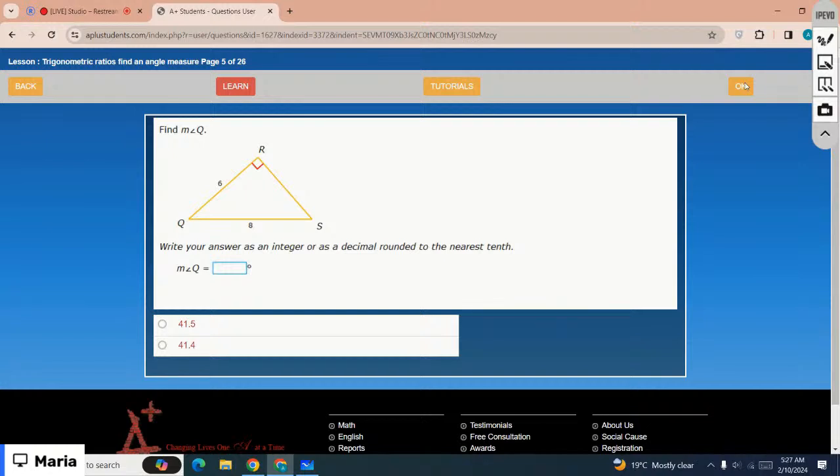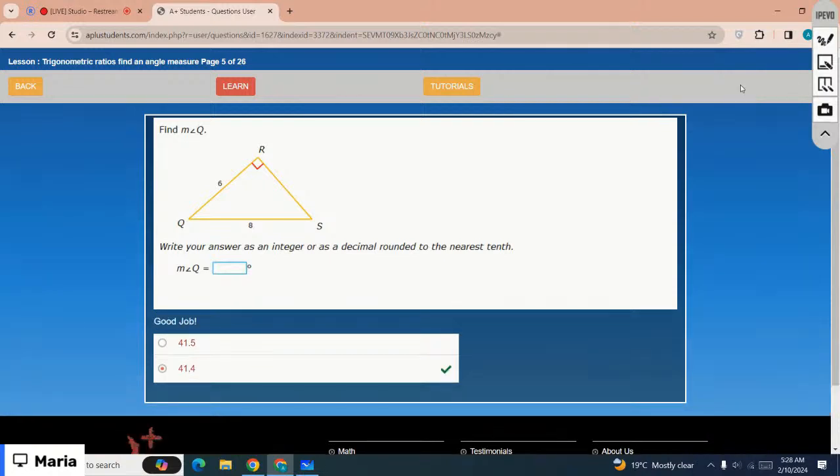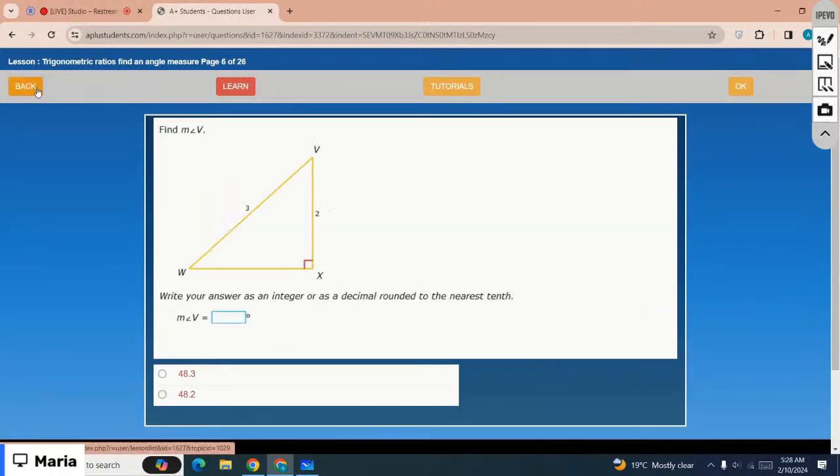That is 41.4 degrees. The correct option is 41.4 degrees, right? Okay, you can complete the lesson by yourself later today. Let's just move on to the next lesson.